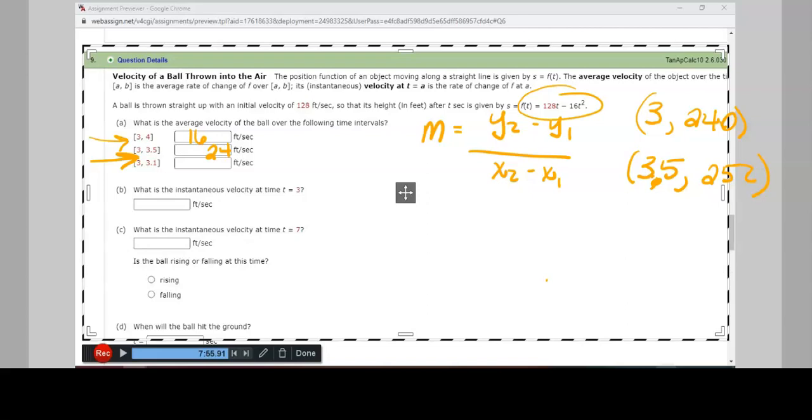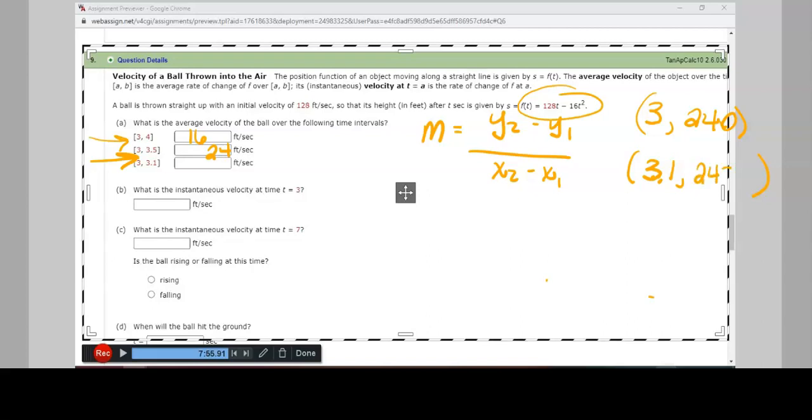All right, so what I have now is a 3.1. And so I've got 128 times 3.1, and I'm going to subtract off 16 times 3.1 squared. Okay? And that gives me 243.04.